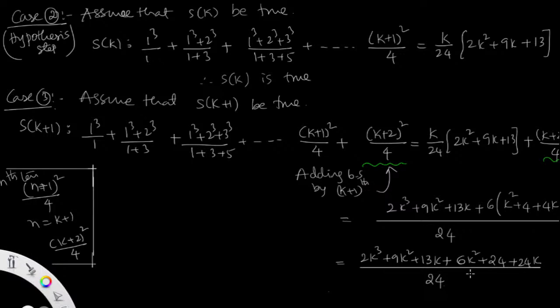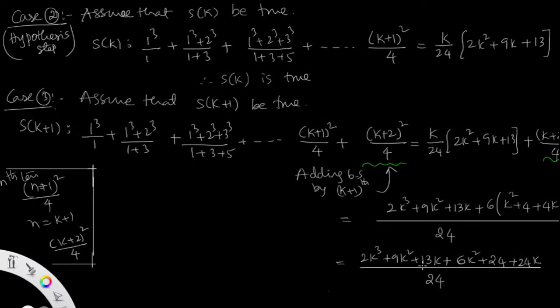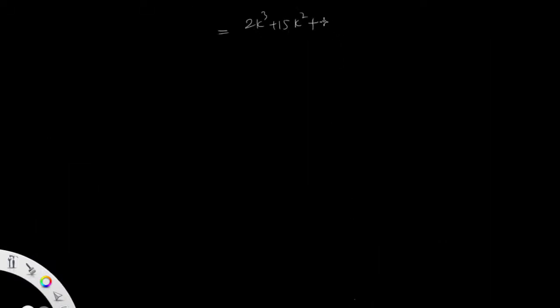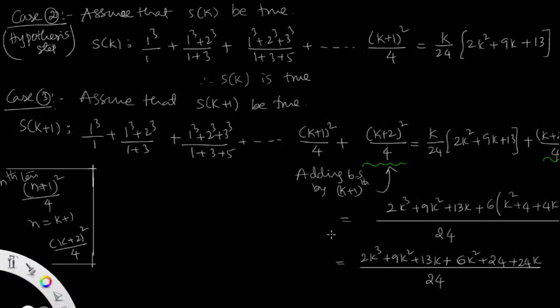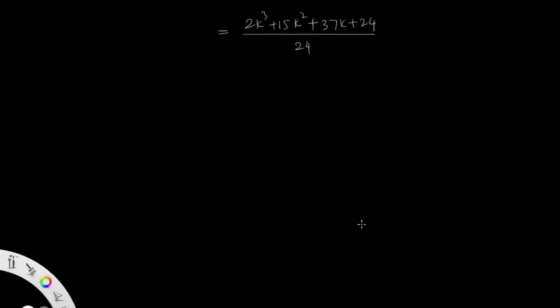Now again simplify: 2k cube plus, 9 plus 6 is 15k square, 2k cube plus 15k square plus, 13 plus 24 is 37k, 4 plus 3 is 7, plus 24, divided by 24. Whether it is correct or not: 2k cube plus 15k square plus 37k plus 24 divided by 24.